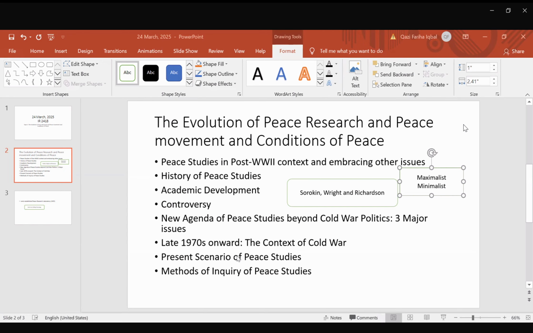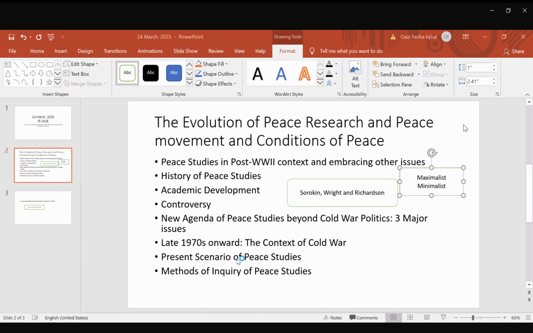This includes analysis at the individual level, group level, state and interstate level, and it goes beyond this internal-external dichotomy, right? So the multi-level analysis goes beyond what? The internal and external dichotomy of the statist perspective.